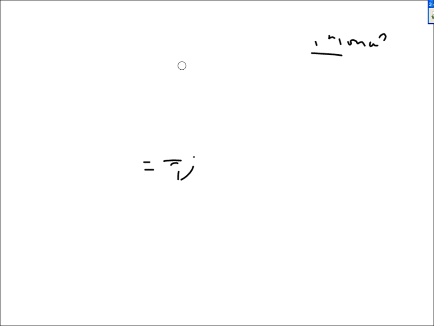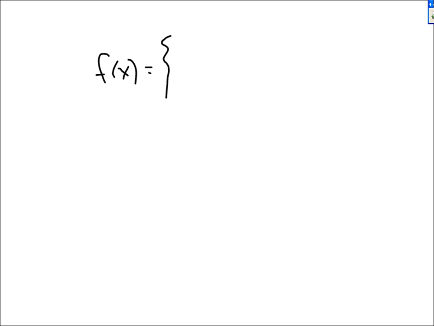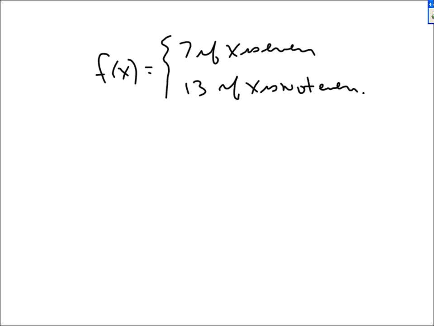I'll give you an example. Suppose I tell you there's this function f of x, and it equals 7 if x is even, and it equals 13 if x is not even. Okay?